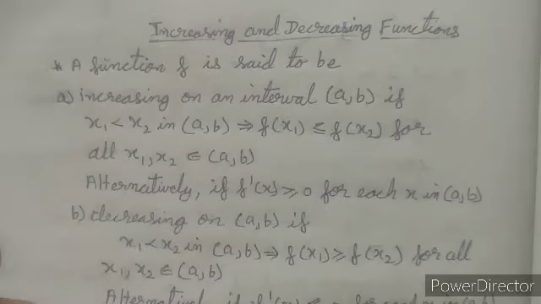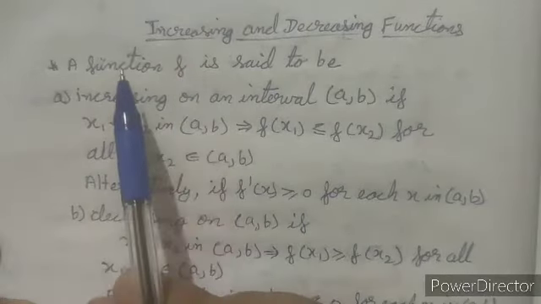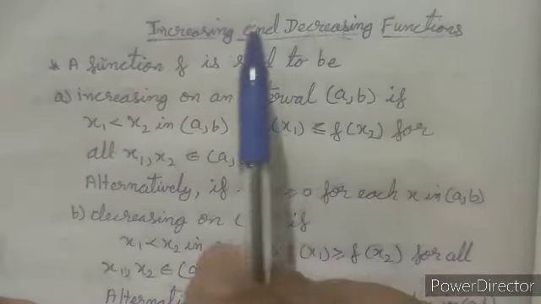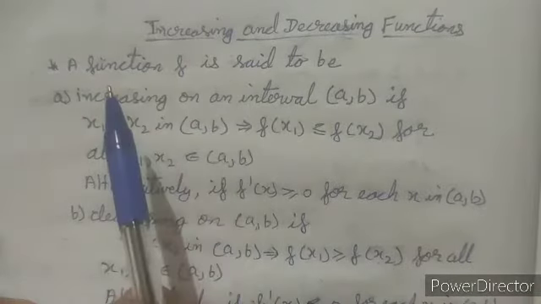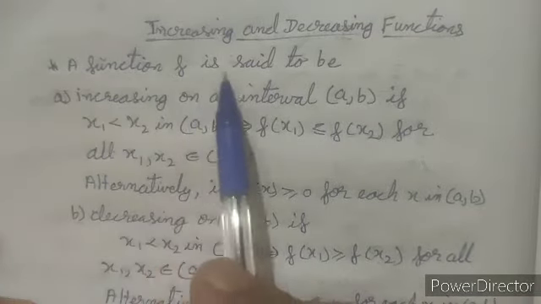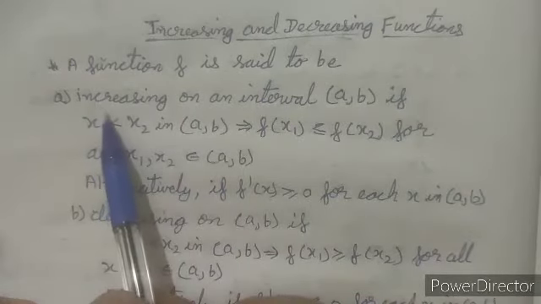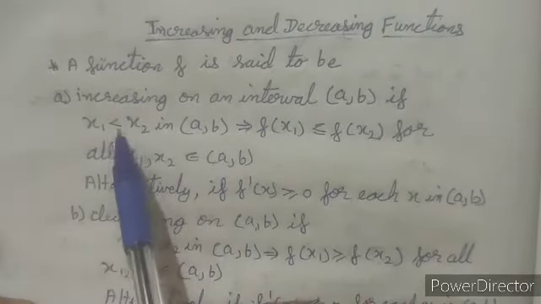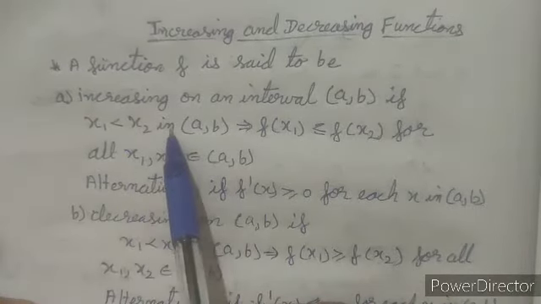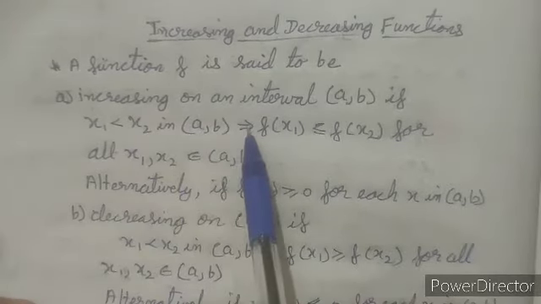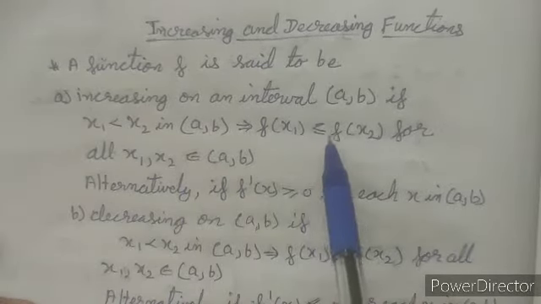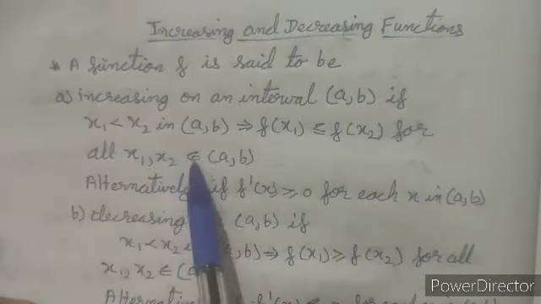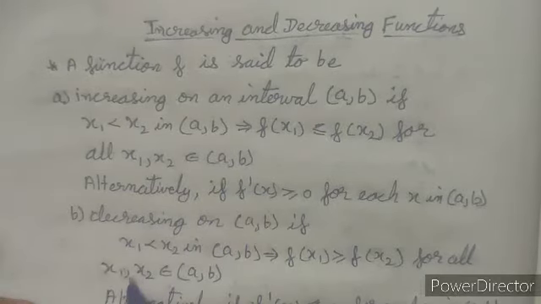Students, today we will do the second topic of application of derivatives, that is increasing and decreasing functions. Now what are increasing and decreasing functions? A function f is said to be increasing on an interval a to b if x1 is less than x2 in interval a to b implies that f(x1) is less than or equal to f(x2) for all x1, x2 belonging to interval a to b.